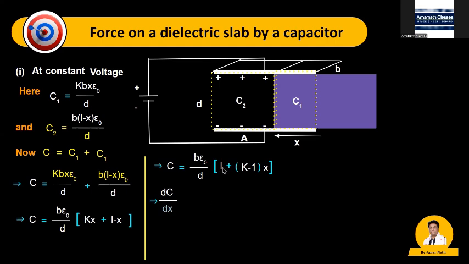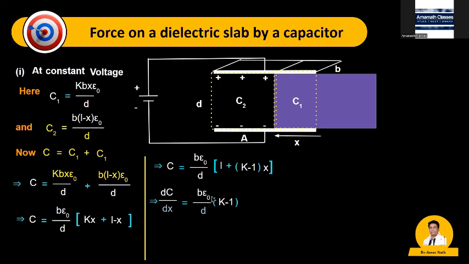Here L is constant, but this part's differentiation will simply be K minus 1, because dx by dx is 1. So dC/dx is B epsilon naught by D into simply K minus 1, because the L part's differentiation will be 0. This is the rate at which the capacitance is changing.